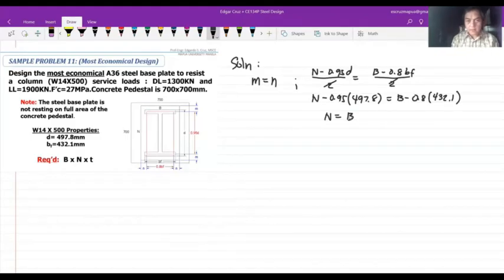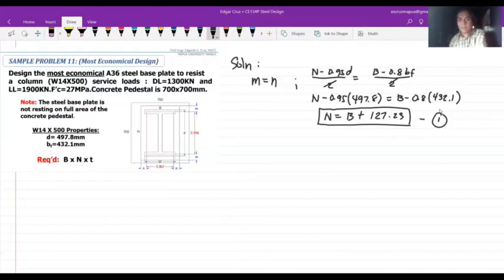So we got plus 127.23. This would be our first working equation. This means that our most economical base plate will never be square. The N dimension is 127 mm larger than B, so it would never be a square. That is our first equation.